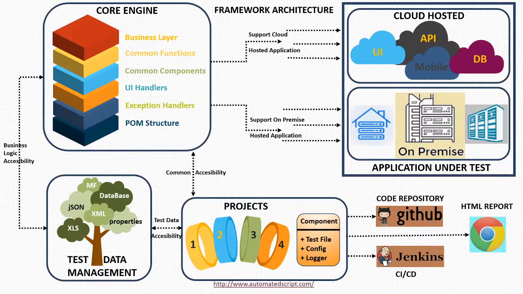The business layer holds data from any of these data sources, and the core reusable component to communicate with any of them is provided within the business layer. It is the implementation of test data management. That is my first layer of the core engine.